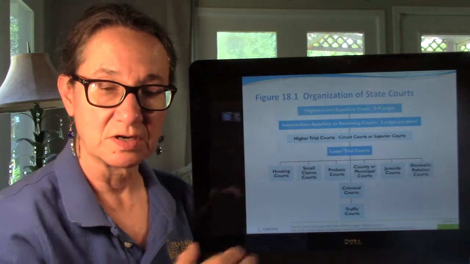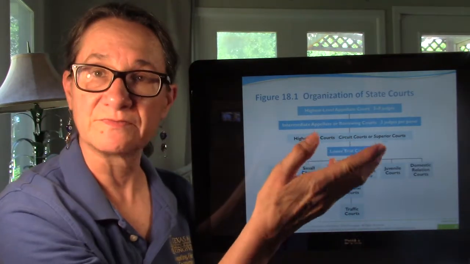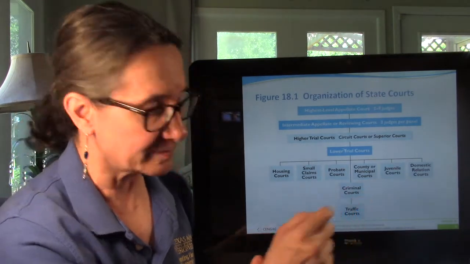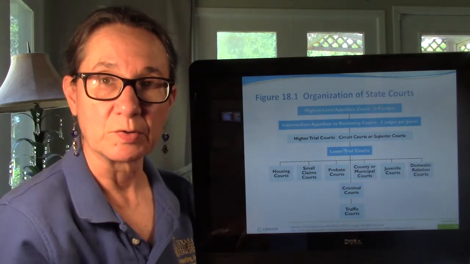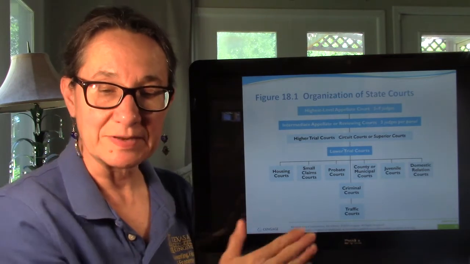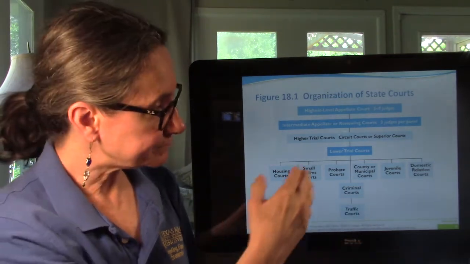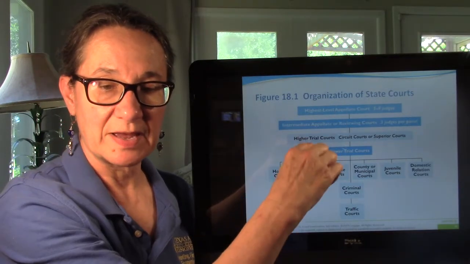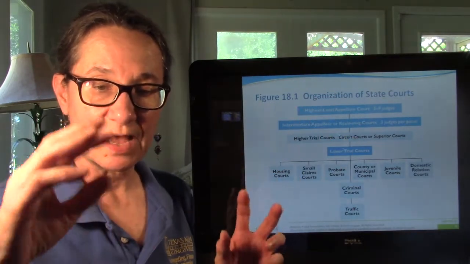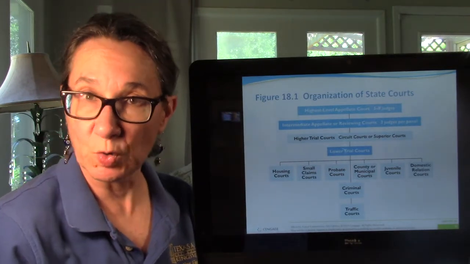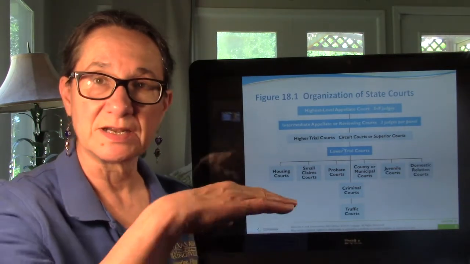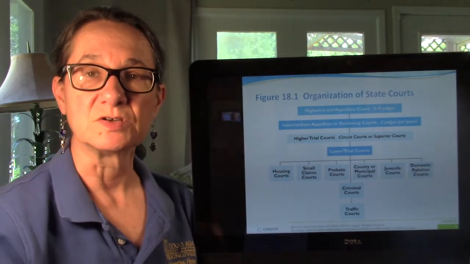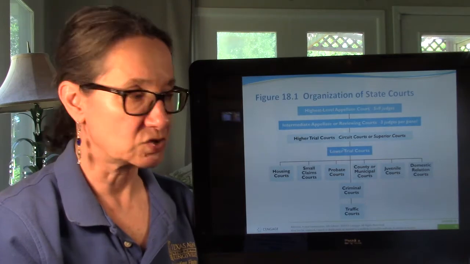Higher courts are your bigger felonies, a bad crime, not just a little minor crime. Graffiti might be a minor crime. Murder would be a higher crime, right? And then, of course, the appellate. And then there's usually some highest level, like a state Supreme Court, right? So there's an appellate court and a state Supreme Court, and sometimes you don't agree with the appellate court. So you can go on to the final and last court.